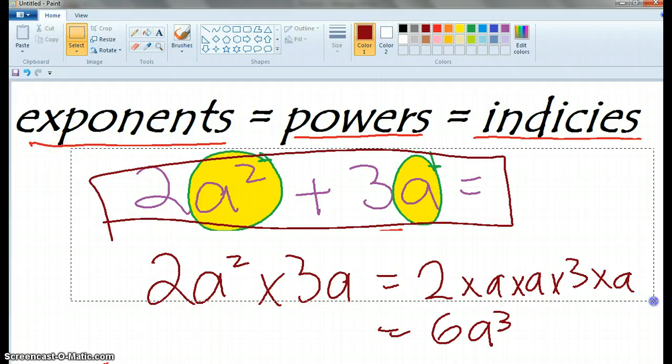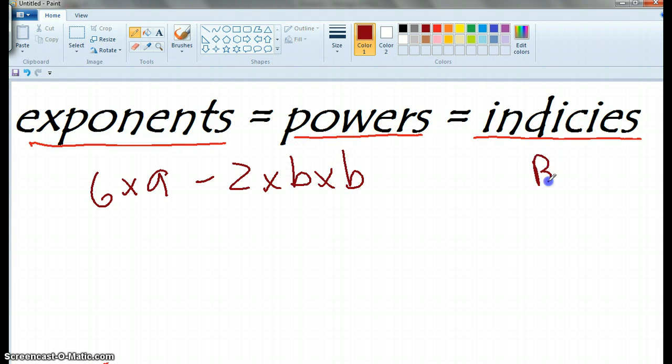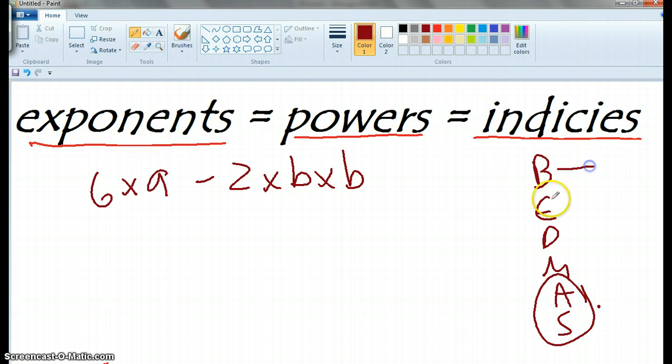Okay, so let's have a look at the exercises you're doing today. They are a little bit tricky. I'll give you one example. It's 6 times a minus 2 times b times b. Now you're really working with your BEDMAS, meaning brackets first, then exponents, then division, multiplication, then addition, subtraction.